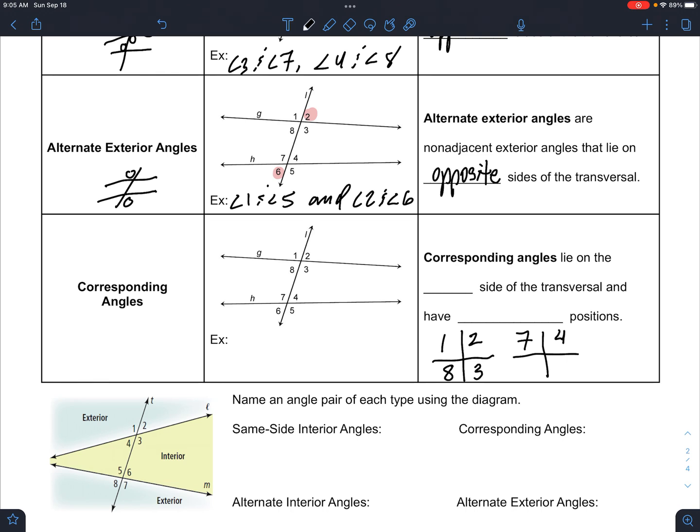So if I redraw the numbering around these, corresponding means that this first angle 1 goes with angle 7 because they're in the same spot around the intersection. So they occur on the same side and have corresponding positions.